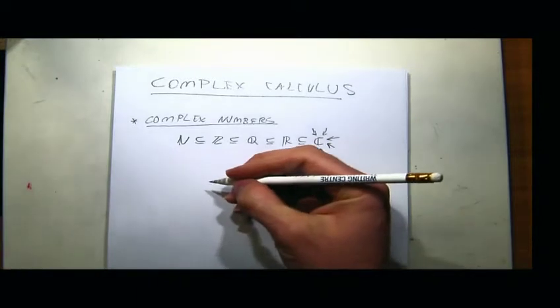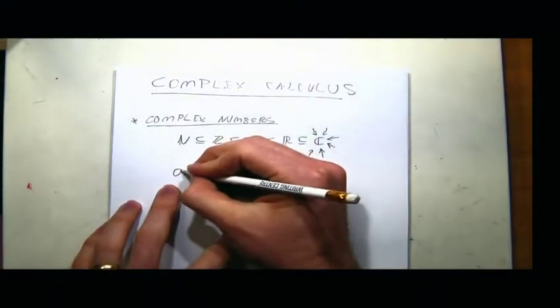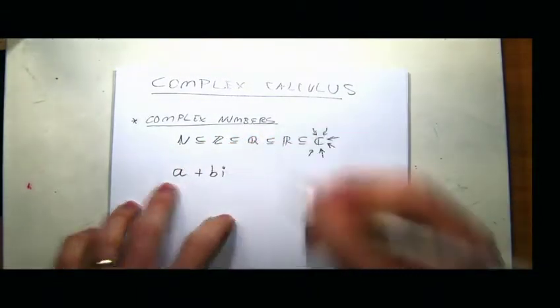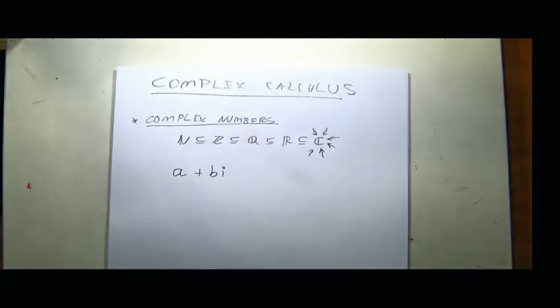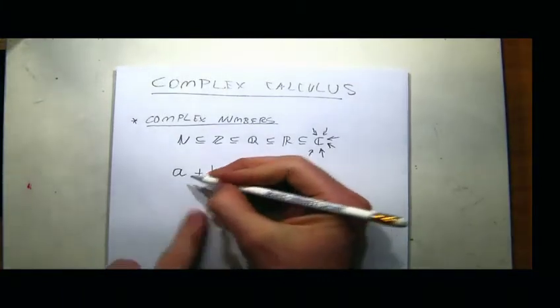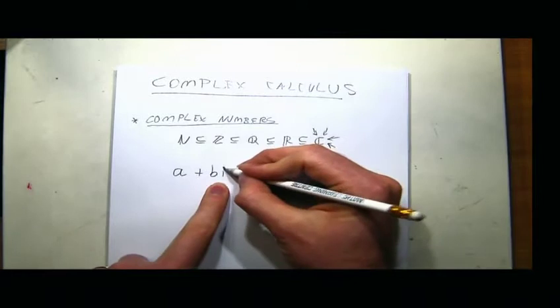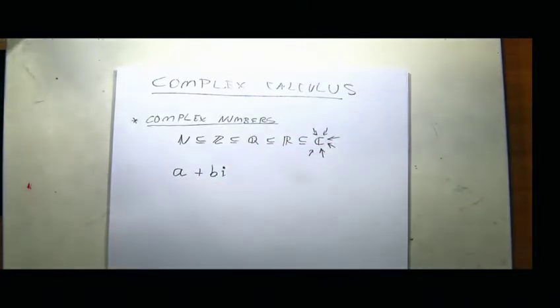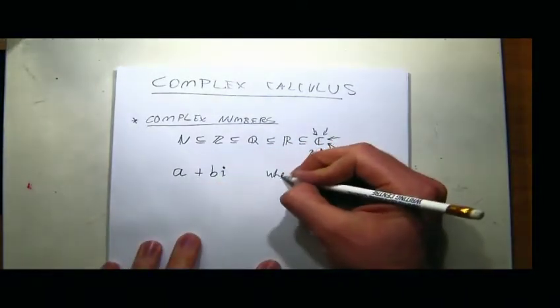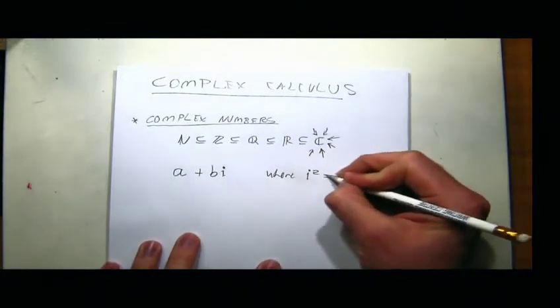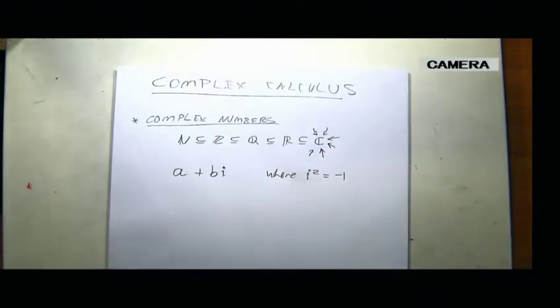And the idea is that you can make them this way. You get a real number, and you do that. That's a complex number. And these are both real numbers. And i is a solution to i squared is minus 1. And they call this number here the real part.